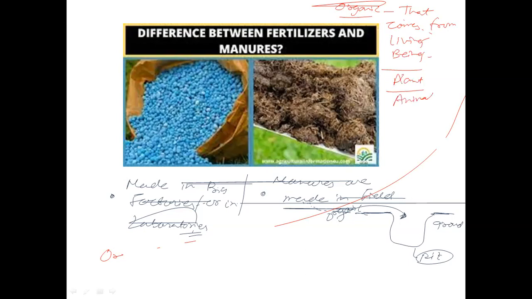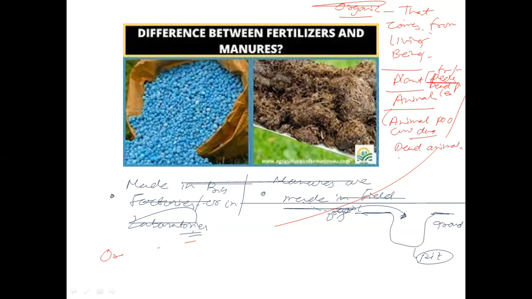If we talk about plants, it can be fruits, vegetables, fruit peels, vegetable peels, dead plants or dead leaves. If we talk about animals, it can be animal poo like cow dung, or it can be a dead animal.